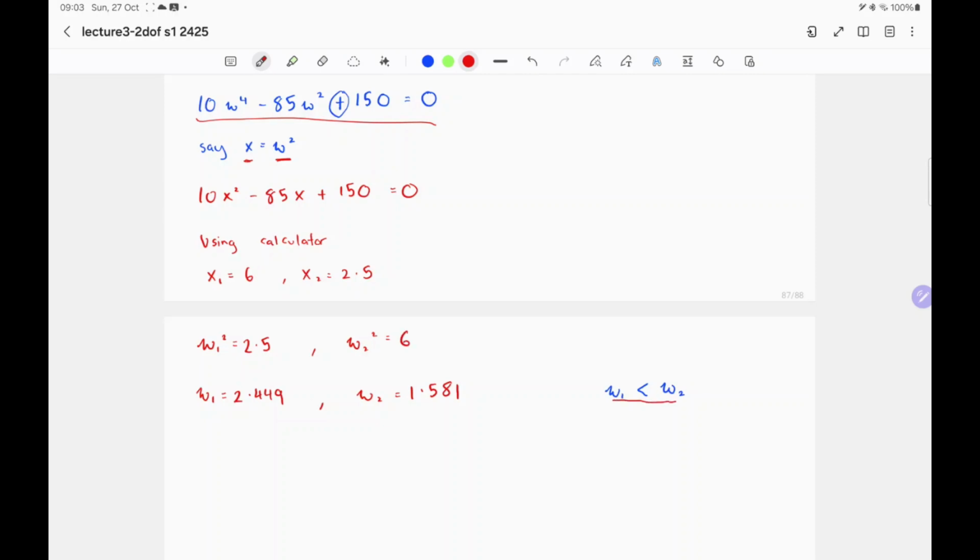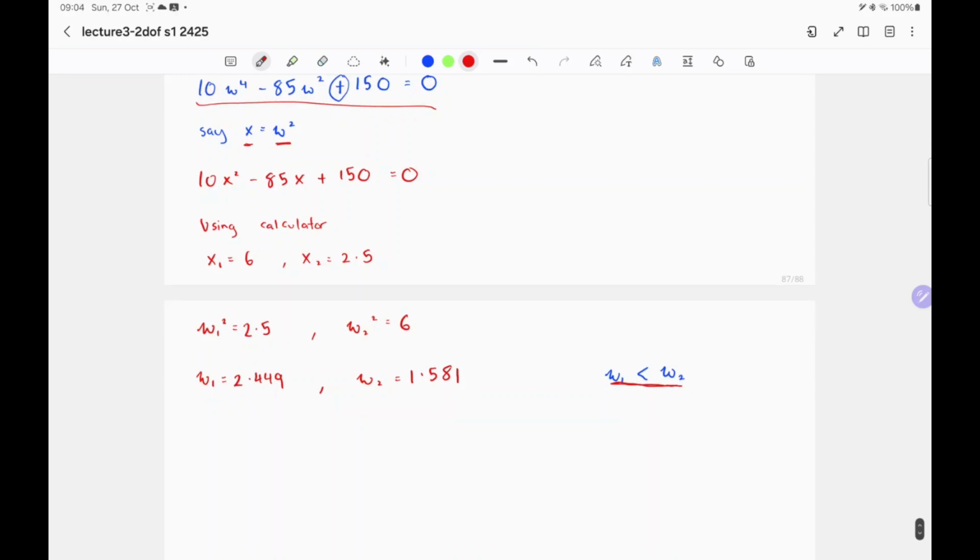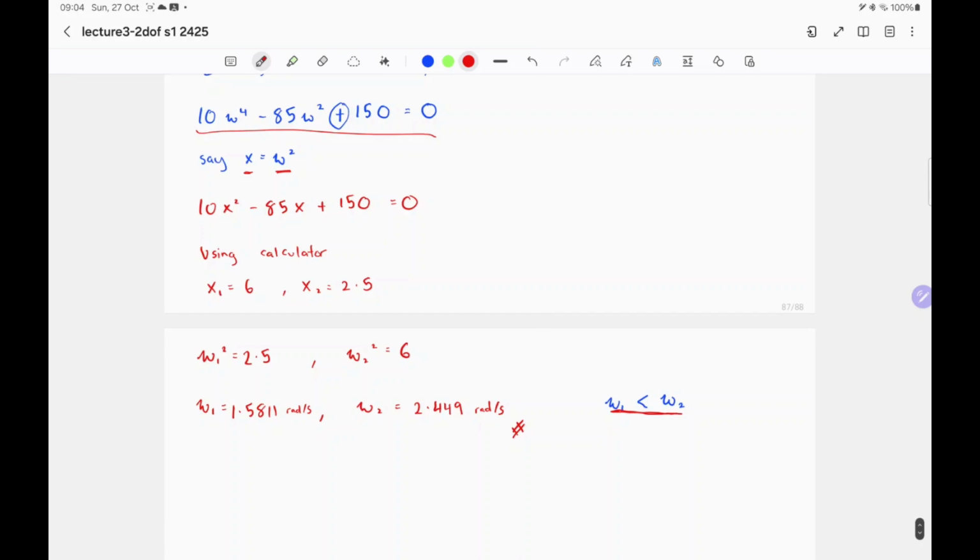Why? Because remember, omega 1 must be smaller than omega 2. So this one is 1.5811 and this one is 2.449. The unit is radian per second and this is radian per second. So this is the final answer for natural frequencies.